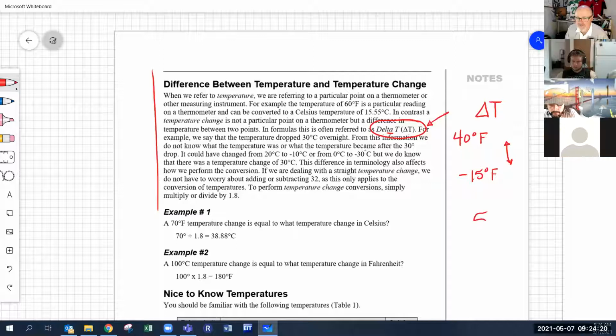That's right. It's a 55-degree delta T. It's the temperature change between these two. As you can see, we have to go through zero, so we're adding these together. So the temperature difference between the two numbers is considered to be delta T.